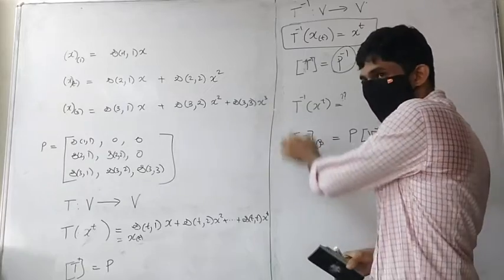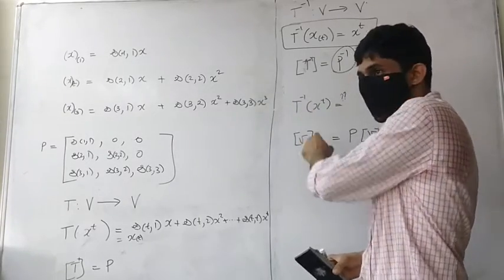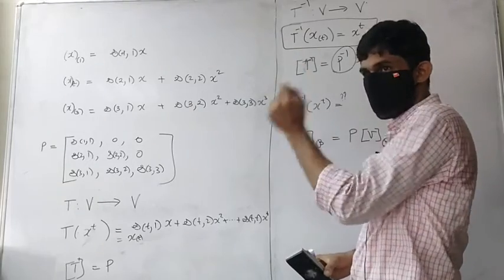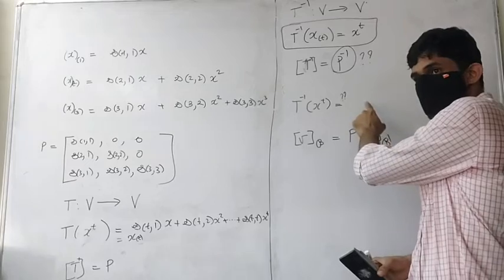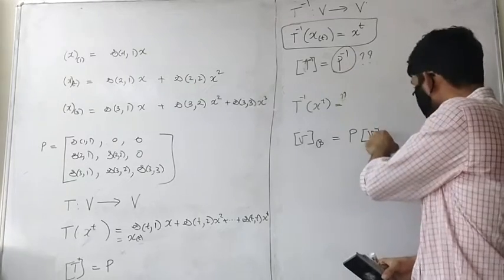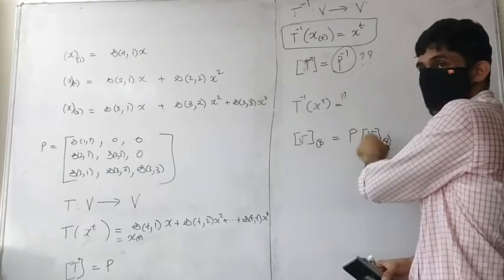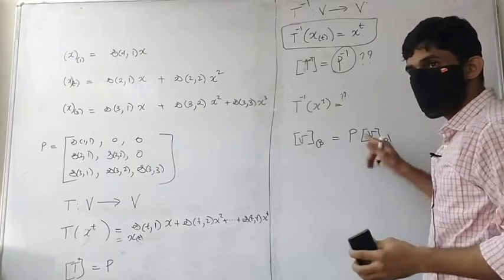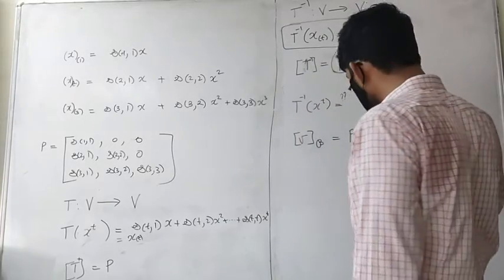This is going to be a column matrix whose coefficients come from this basis. With these coefficients, you are writing the vector as a linear sum of these basis elements. How do you get that? By multiplying P here. To go the other side, that gives us this, right?